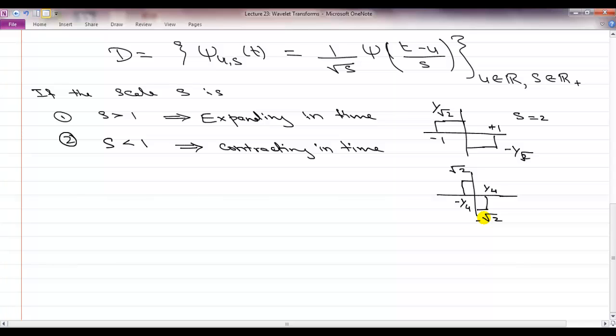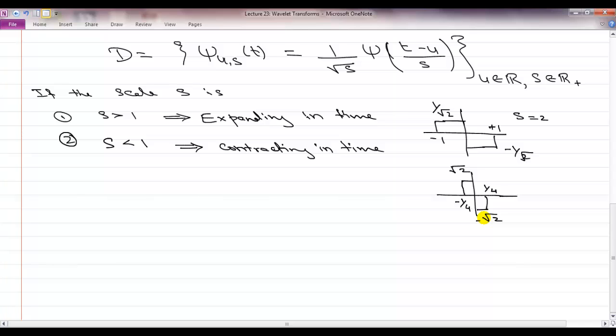Now, the time shift is easier to see what that is doing. As you shift it in time, now you have localization around u. So if you somehow use that mother wavelet for analysis, we'll give a formal expression of the wavelet transform. But if you use that version of the mother wavelet, that time-shifted version, you are now doing analysis which is localized around that time period.